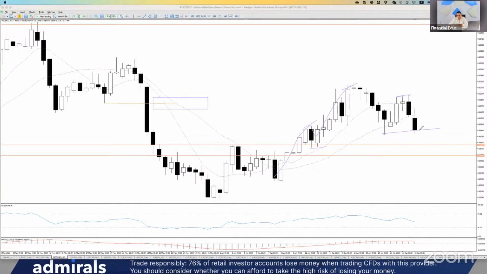So we don't know if this is going to be a low or if it's going to stop and reverse to the upside. I don't see this as a double bottom because it's only 3 days touched, and I need at least 3 days, which means 6 candles here. I need at least 12 to 13 to 15 candles apart from each other to determine a double bottom or a double top.